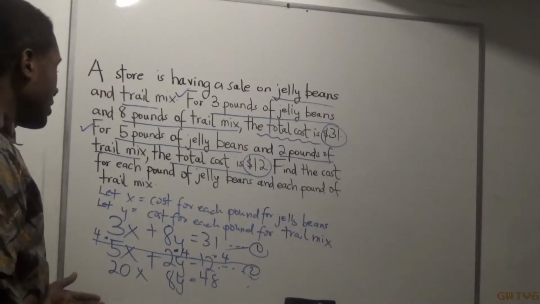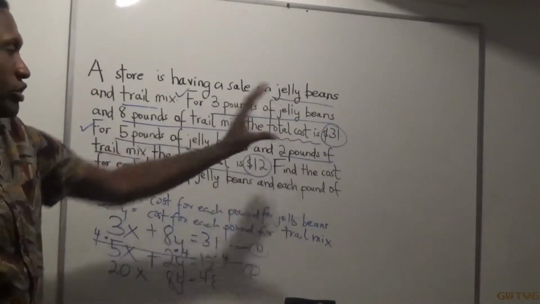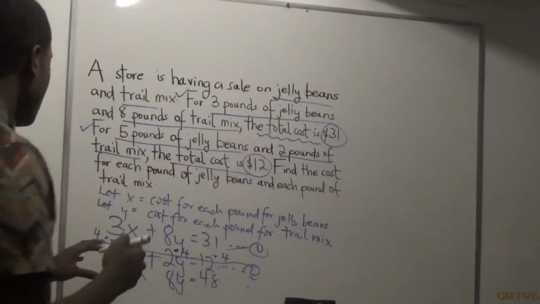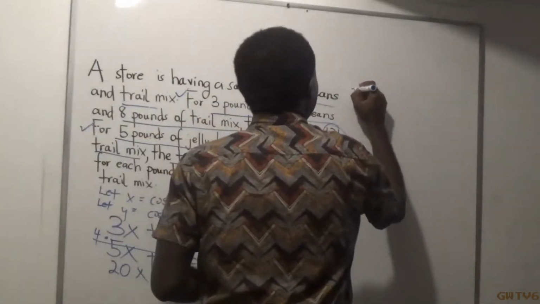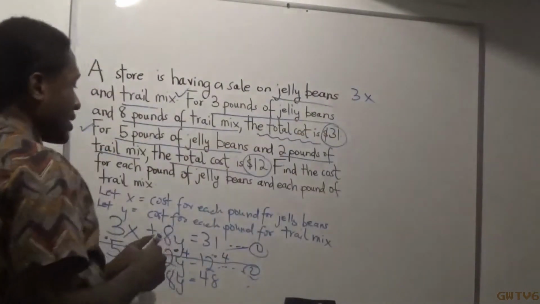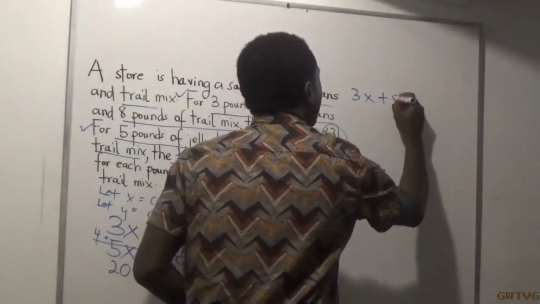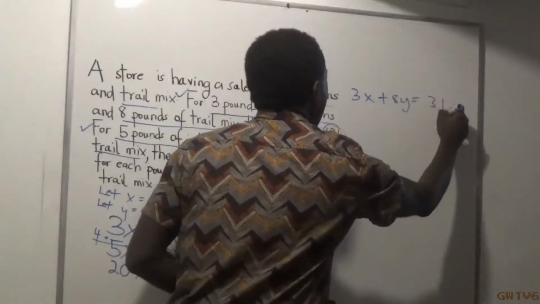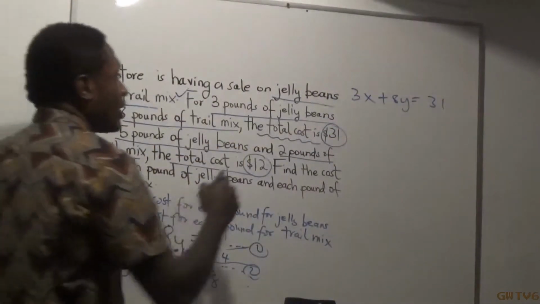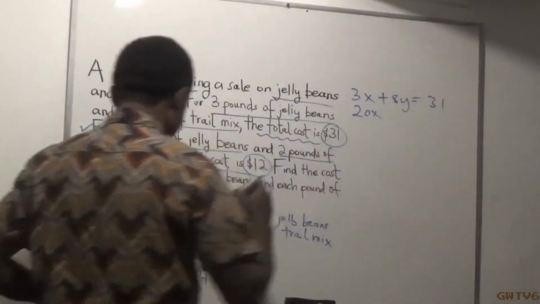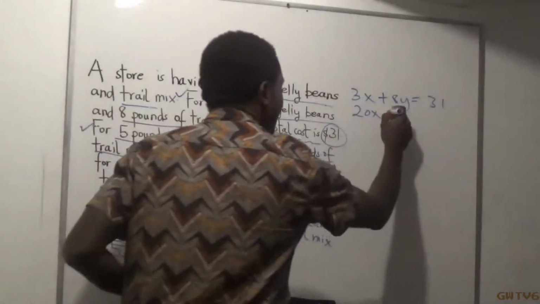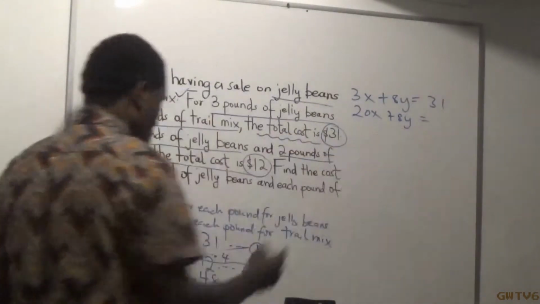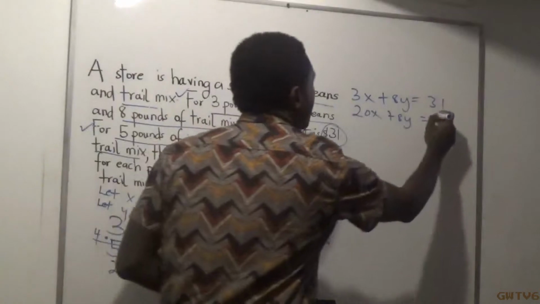So now that I have this, let me just make it clear. So I'm going to move this to that side. So I have 3x plus 8y equals 31. And my new equation is 20x plus 8y equals 48.